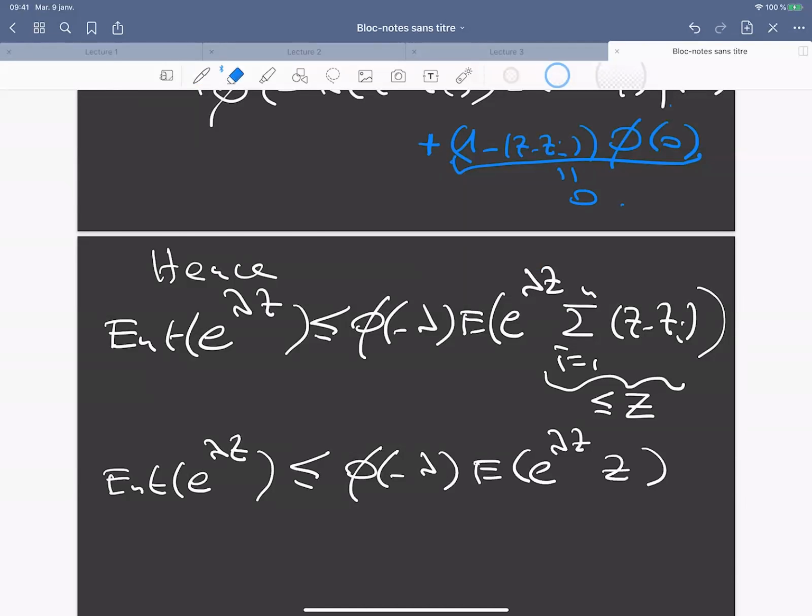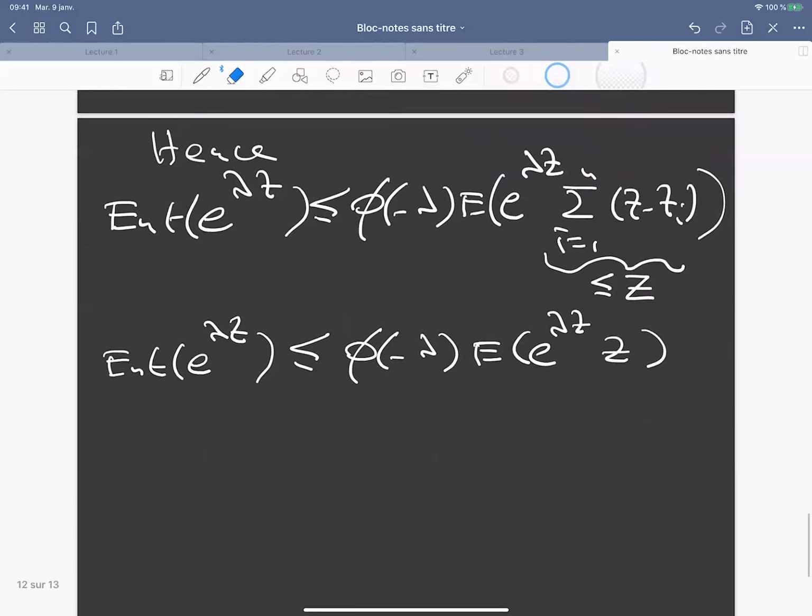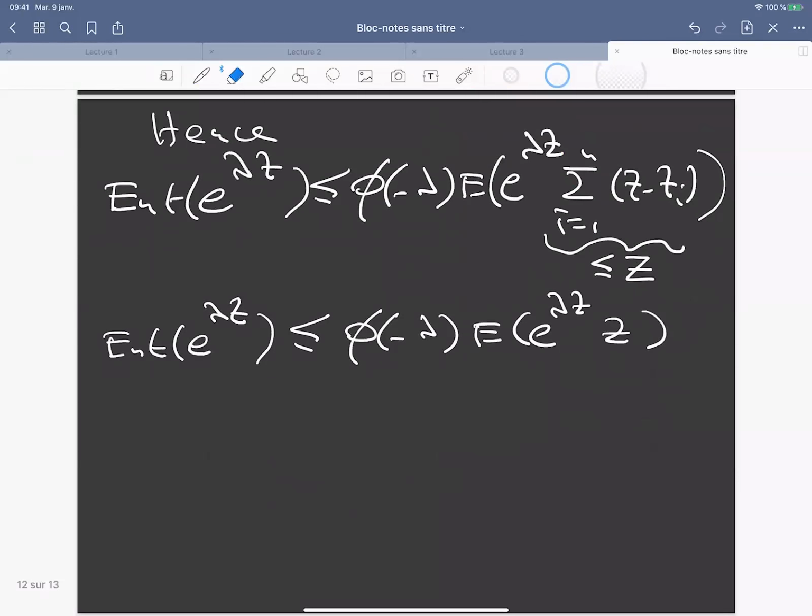So how to play with these quantities? Still, we are centering the variables just because we are now in a situation where we have to look at a differential inequality. So we have to ensure that the initial conditions are well conditioned at 0. So this is the reason why we center the variable first.